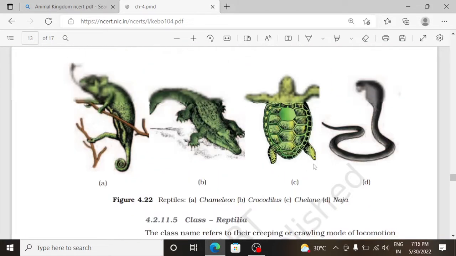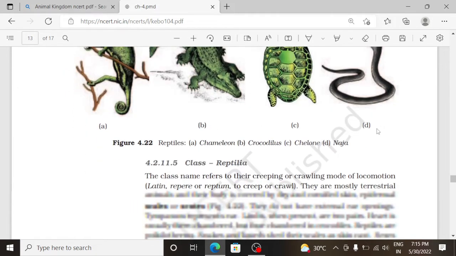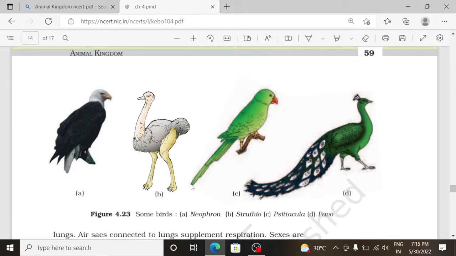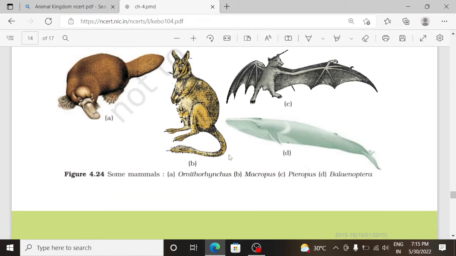And these are the examples of reptiles. First is chameleon, second is crocodilus, C is chelone, and D is Naja. Naja is cobra. Okay, and these are the examples of birds. This is Neophron, this is Corvus, this is Psittacula, and this is Pavo. And these are some mammals.